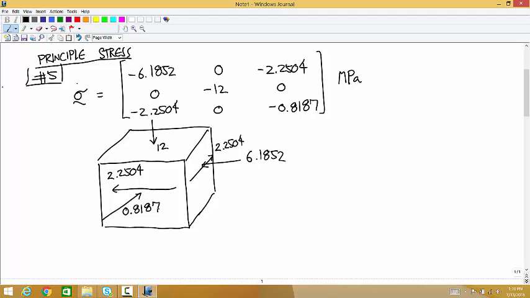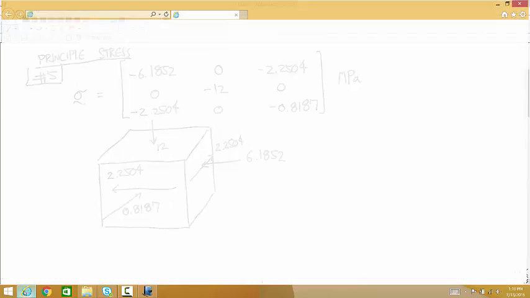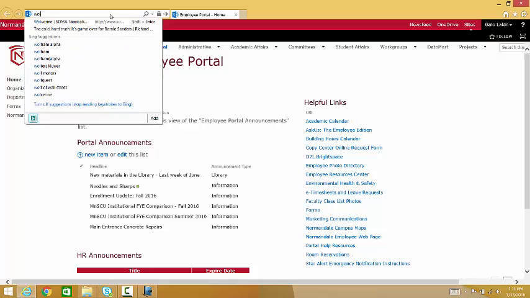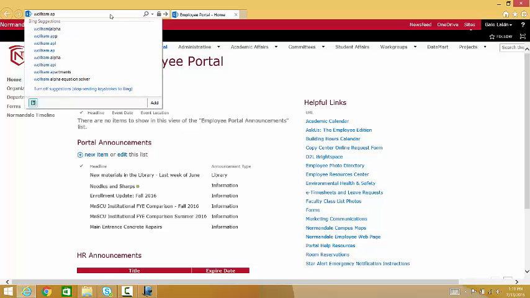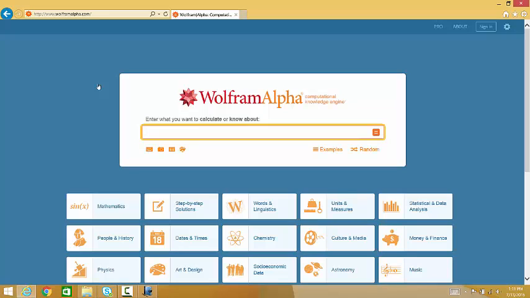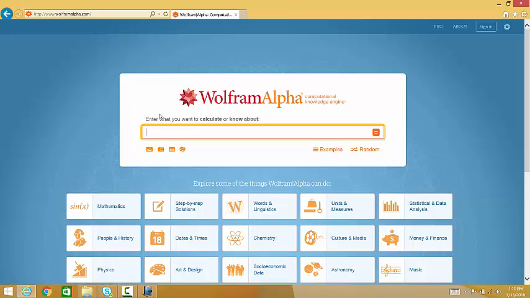So now let's do this in Wolframalpha. Okay, so Wolframalpha, it does everything. I haven't used it that much, but I know it solves differential equations and all this crazy stuff.